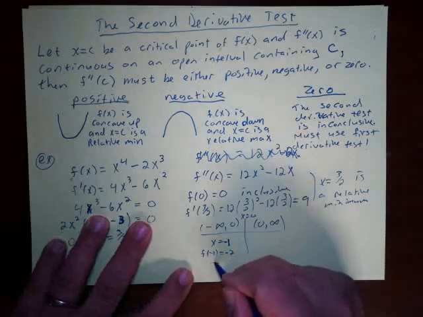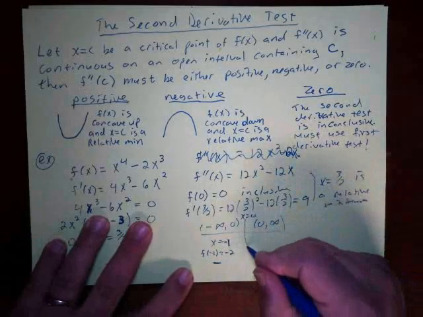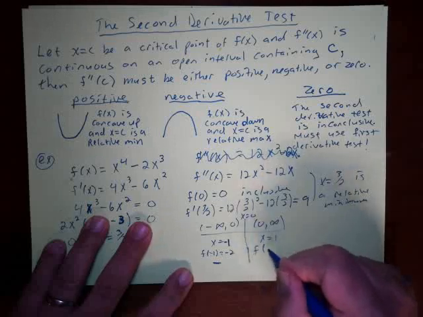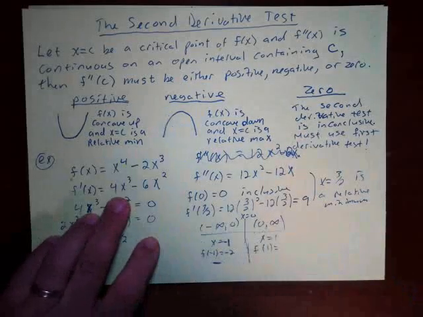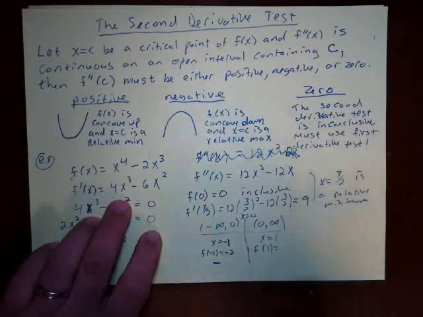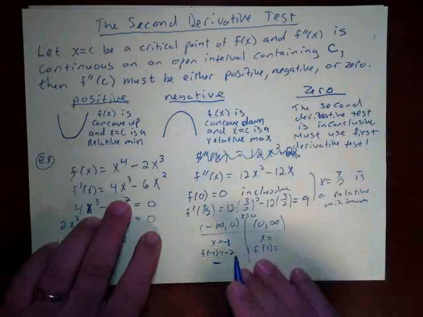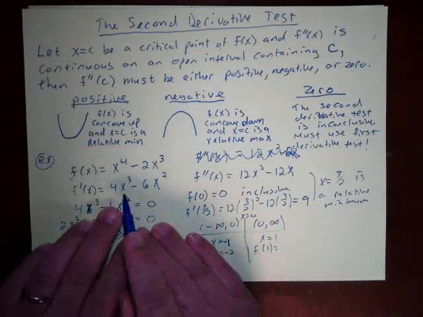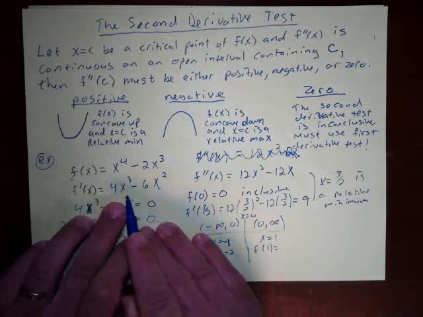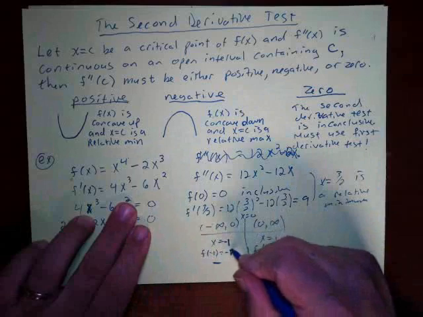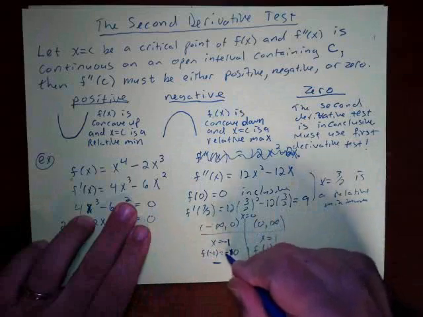And so this is negative, the first derivative. And then I'll put in a positive 1 here. By the way, if I place in -1 here, this is -4 minus 6, which is -10, but it's still negative.